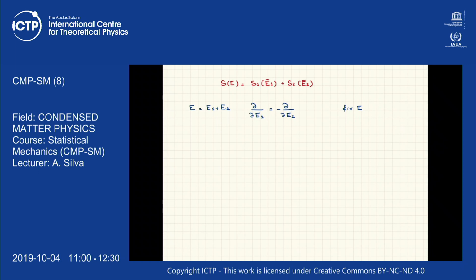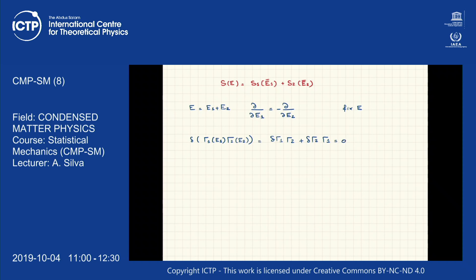Right? Good. Now, let us take a variation of gamma 1 of E1 times gamma 2 of E2. This is going to be delta gamma 1 times gamma 2 plus delta gamma 2 times gamma 1, and this has to be equal to 0.